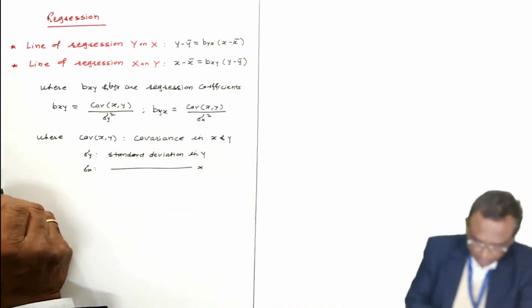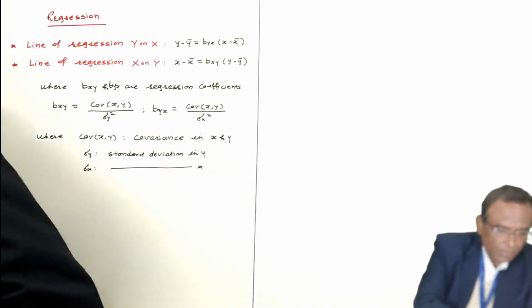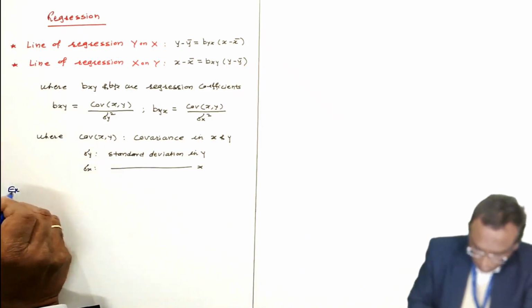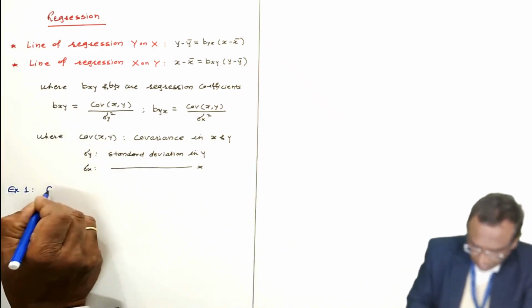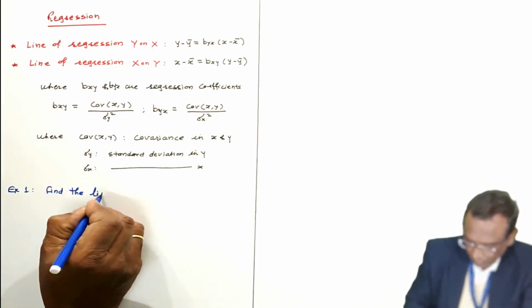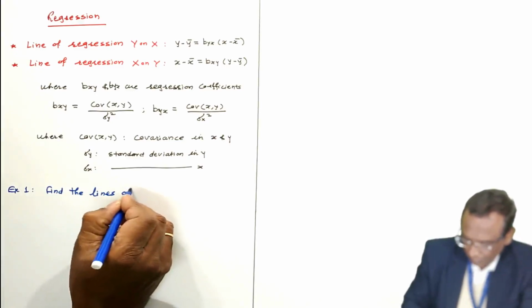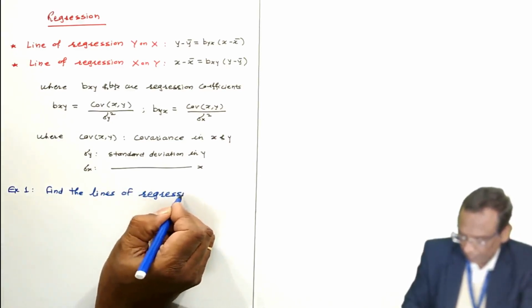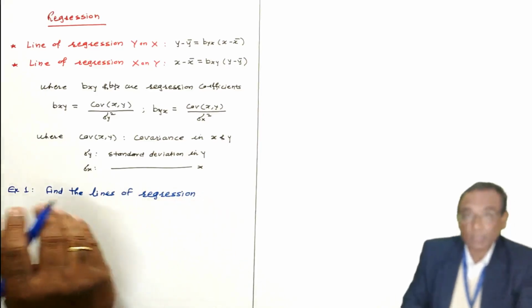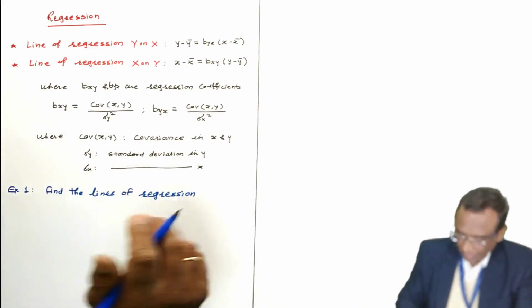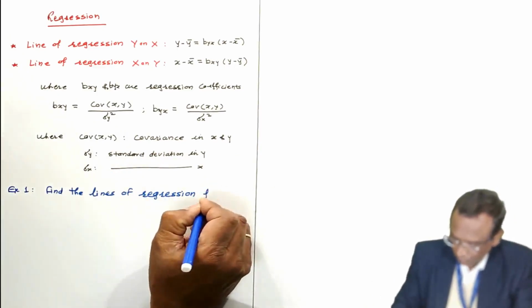The question I am writing: find the line of regression. Lines of regression are line of regression x on y and y on x. Find the lines of regression for the following data.